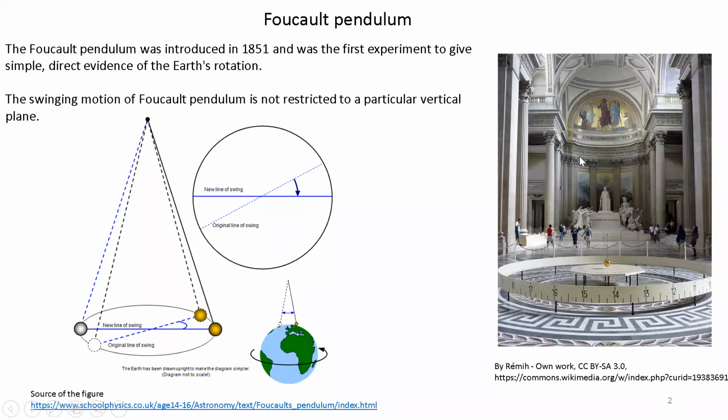Basically, this is without relying on astronomy, and everything is just done in a room.